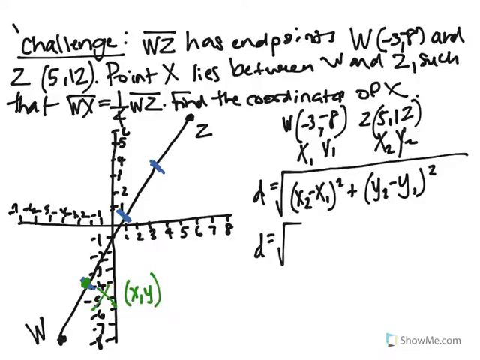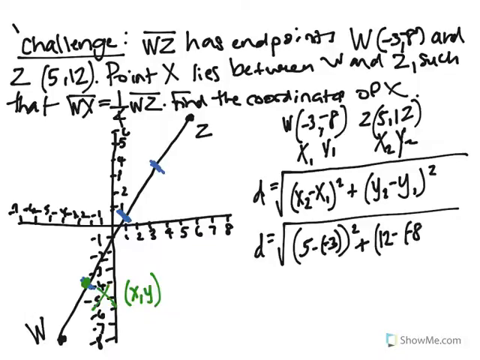Distance equals, okay, so x2 is 5, x1 is -3, squared, plus y2 is 12 minus y1, which is -8, squared.